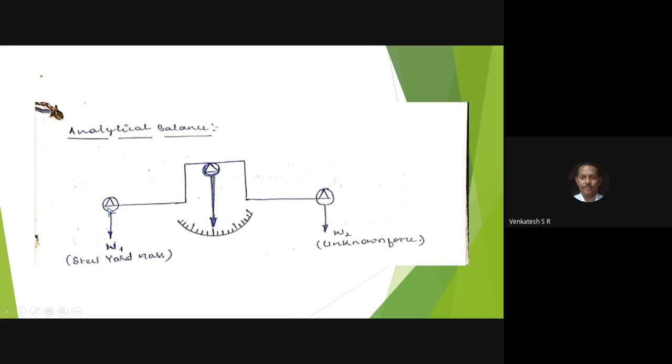You can observe here in all the 3 points, center, left side and right side, you have trapezoidal points on which the pans are supported. Here you have to keep the dead weight and here you have to keep the unknown magnitude or unknown force. Bring the needle to read 0. That is the measurement. This is the principle of operation of analytical balance.